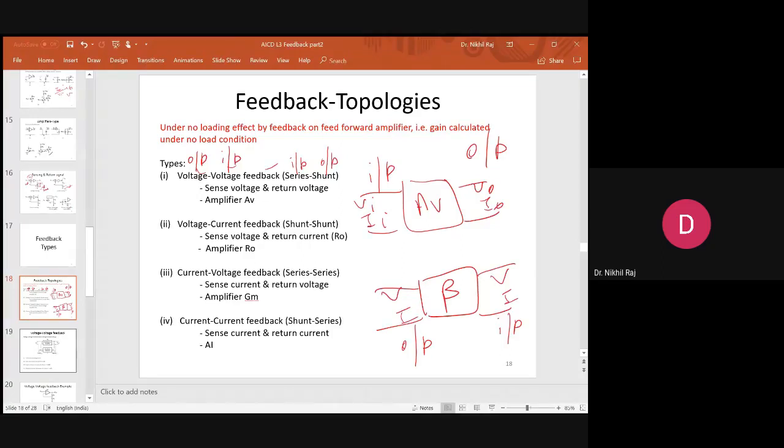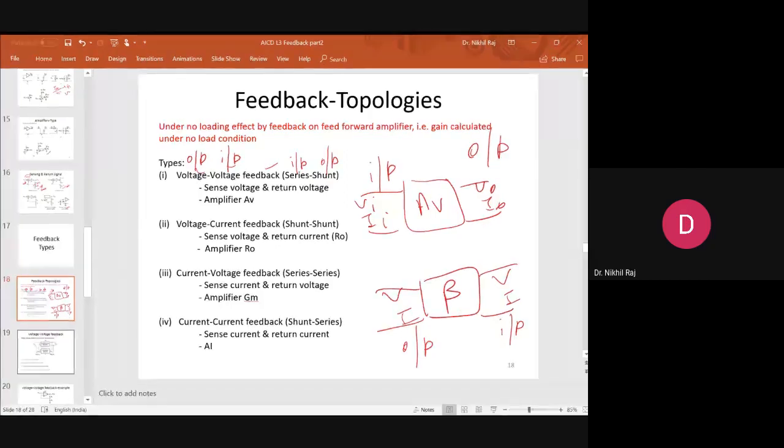But when I say series shunt configuration, the input to the beta network is a series connection and the output of the beta network is in the shunt configuration.